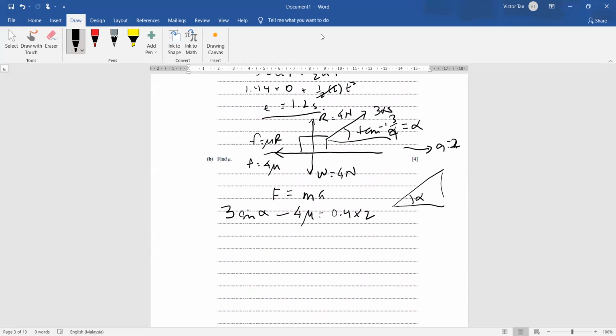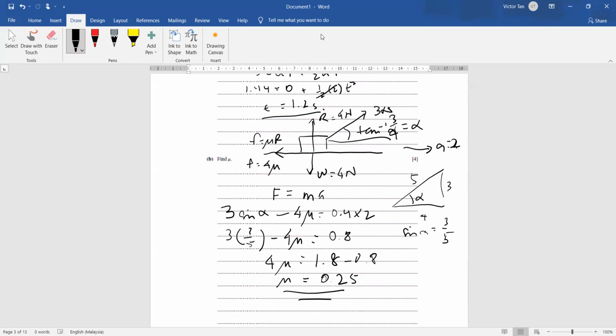So tan alpha is 3/4, so this is 5, and sine alpha is 3/5. 3 times 3/5 minus 4 mu equals 0.8. 3 times 3 is 9 over 5, which is 1.8. So 4 mu is 1.8 minus 0.8, so mu is 0.2. That's it.